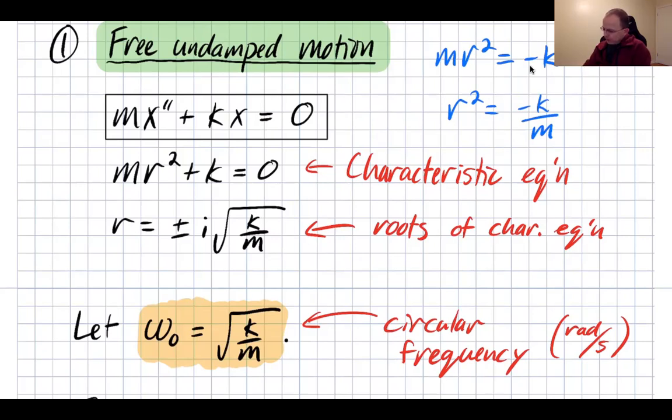Circular frequency measured in radians per second, for example. Depends on what the unit of time is, but if we're measuring time in seconds, then it's radians per second. So that's what this omega is here. And later on, we'll be able to use this omega in order to measure the period and the frequency of the vibration.